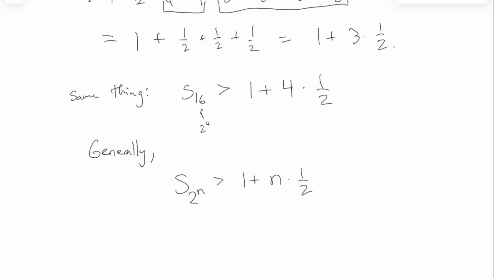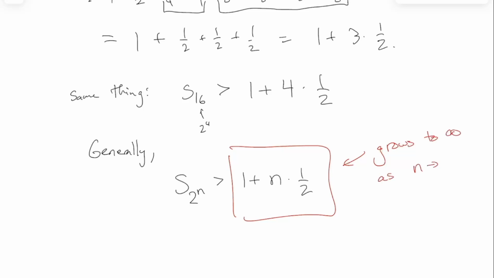Each of these things is greater than 1 plus n times a half. And this part right here, this grows to infinity as n goes to infinity, right? N times a half. If you let the n become very, very big, this thing does not converge to anything.